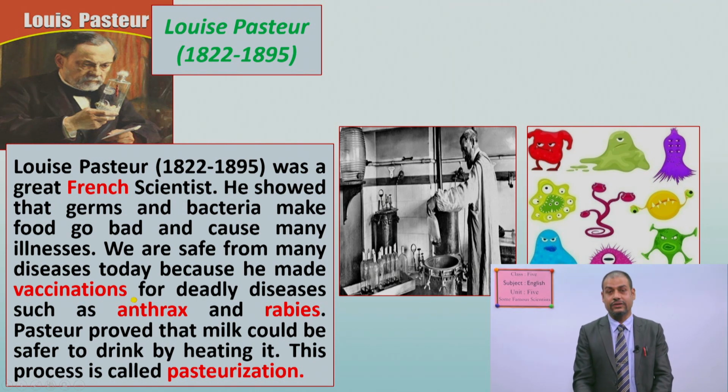Once again, please pronounce with me, vaccinations. Another word, name of disease, A-N-T-H-R-A-X, anthrax. Once again, please pronounce with me, anthrax. Then another word, name of disease, R-A-B-I-E-S, rabies. Once again, please, rabies.